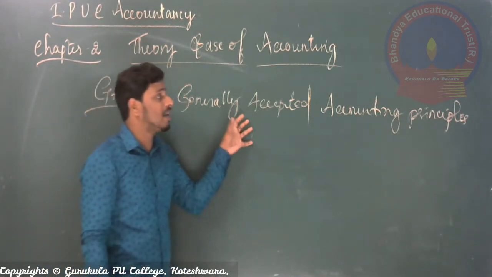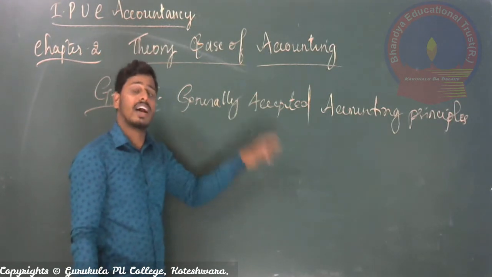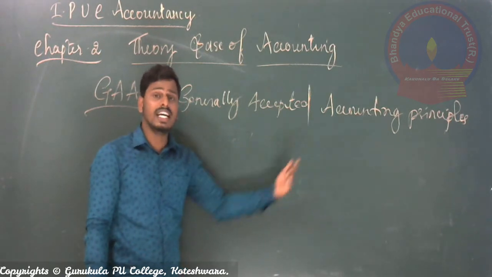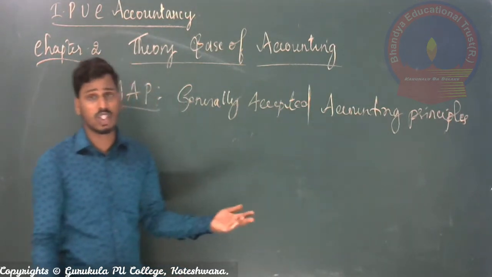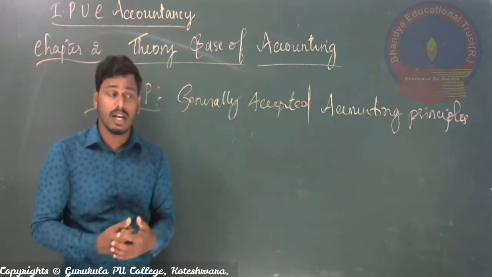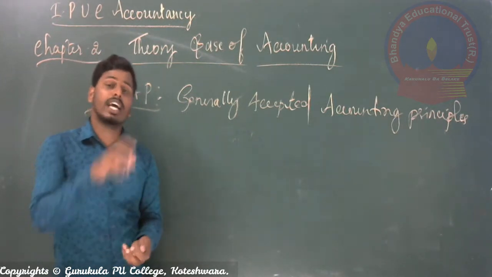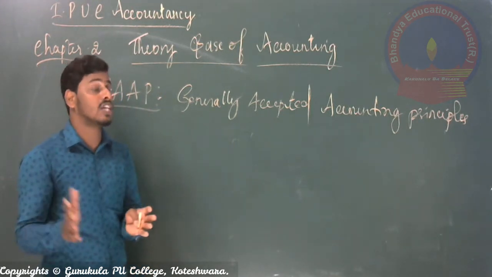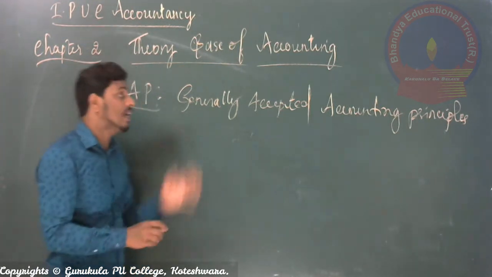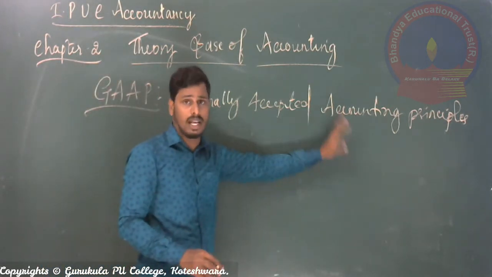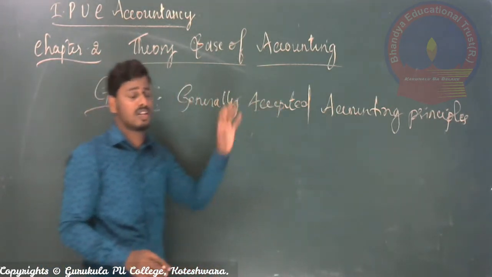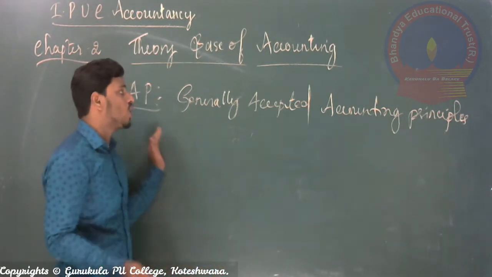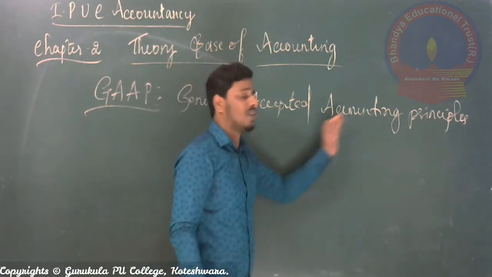Normally, these are the principles, rules or guidelines which are accepted by accounting professionals. In India, and even outside the country, there are accounting professionals and accounting bodies. They all accepted the rules, regulations and guidelines needed for the preparation of financial statements in accounting work. Whatever rules we normally adopt in that process are called generally accepted accounting principles.